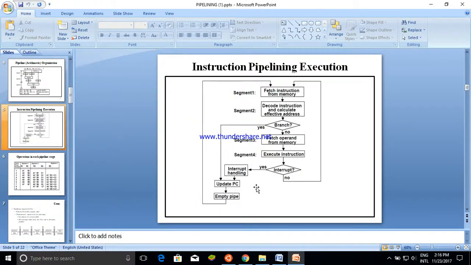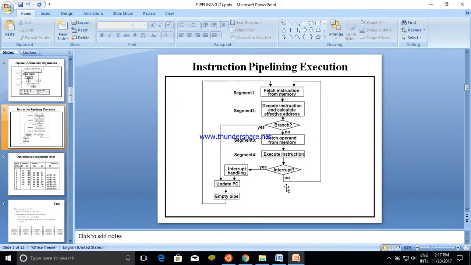Now the instruction pipelining. A common concept of any pipelining execution is that first the instruction gets fetched, then it gets decoded. If there is any branch, it will directly update the program counter, which stores the address of the next instruction. If there is no branching, then the operand will be fetched from the memory and the instruction will be executed.